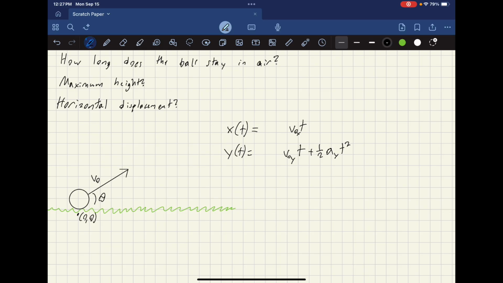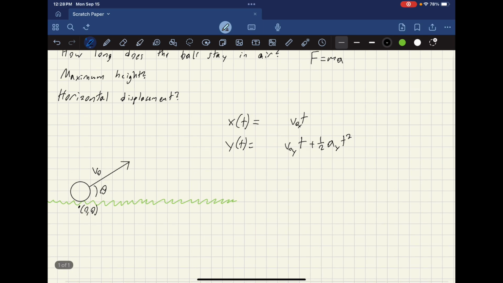This is gravity. If you're having trouble realizing when something has acceleration and when something doesn't, you can think to yourself, what forces are acting on the ball at this moment? The equation for force is F equals mass times acceleration. So if you're thinking, what acceleration does this object have in this specific direction, think, is there any force acting on the ball at this time?